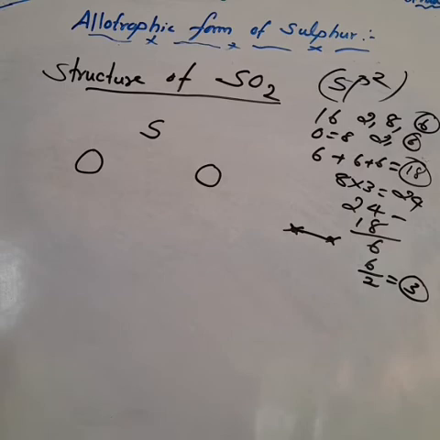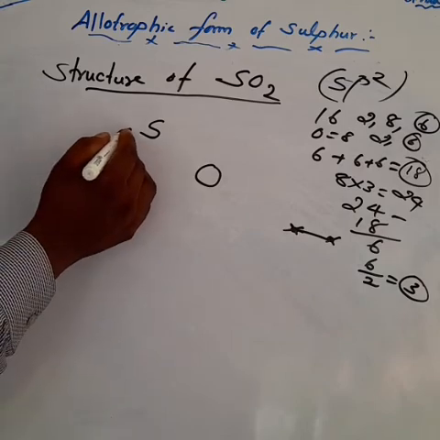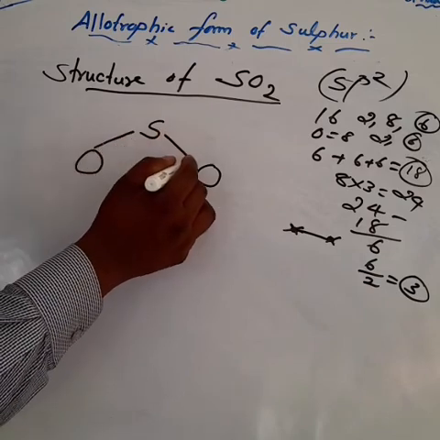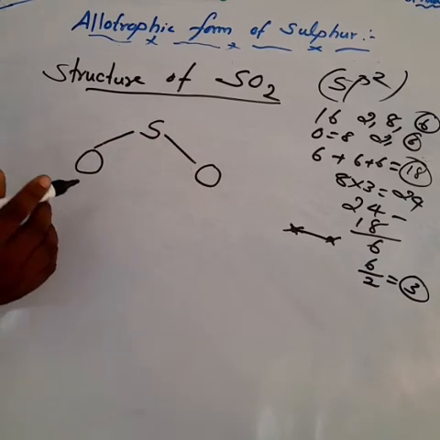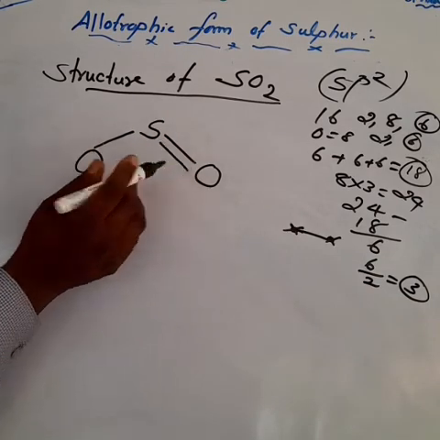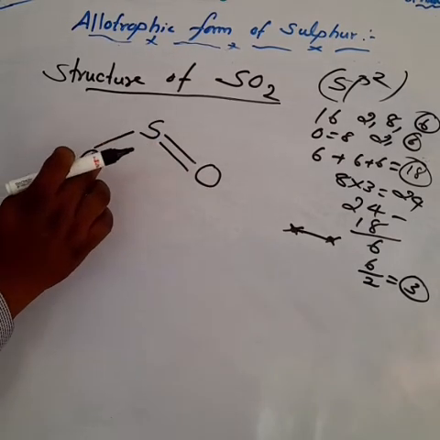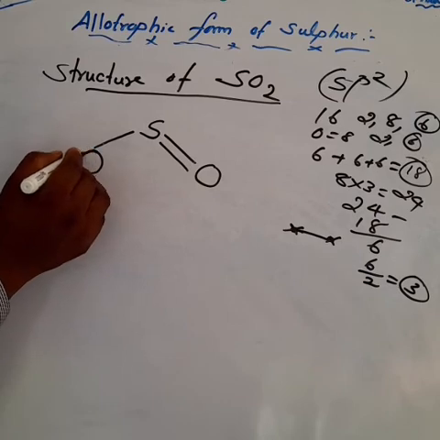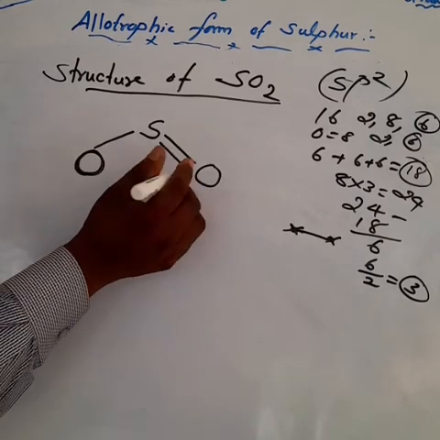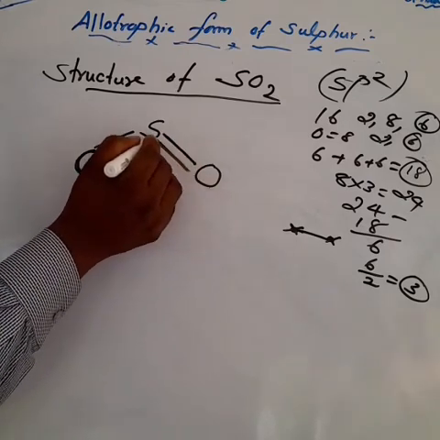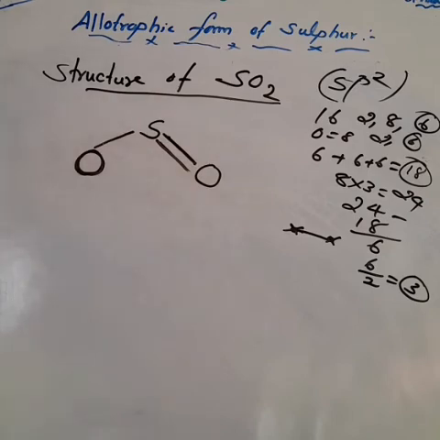This 3 shows that the sulfur dioxide molecule has 3 bonds. Don't forget, 3 bonds. So first I make sulfur-oxygen with 1 bond, next sulfur with the other oxygen with 1 bond, and one more bond, because 3 means we can make 1 more bond.